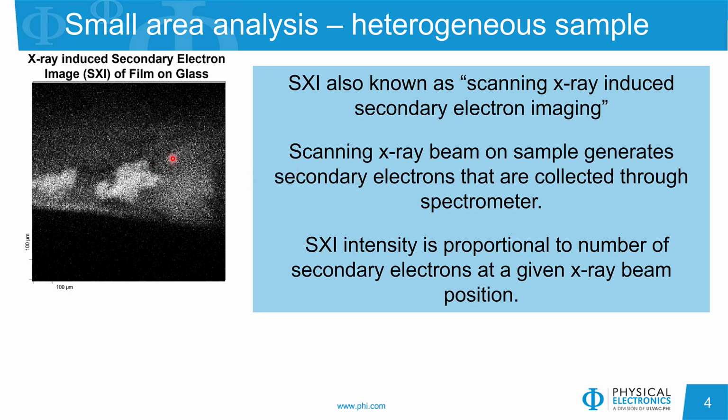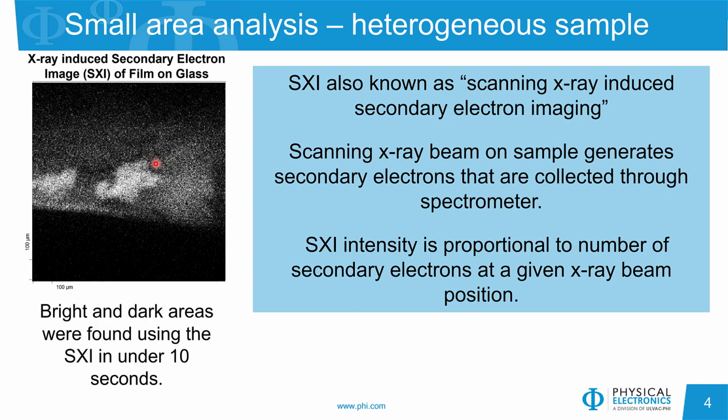And the intensity in these images is proportional to the intensity of the secondary electrons at a given X-ray beam position. So immediately, in under 10 seconds, we can obtain these live SXI images, and we can see some bright areas and some dark areas. This contrast is induced by differences in chemical composition.